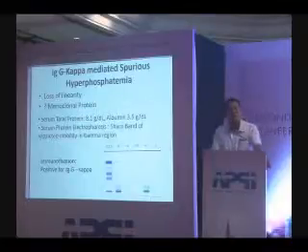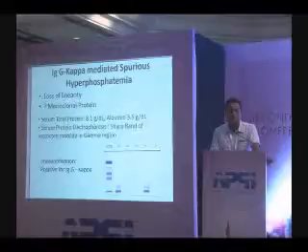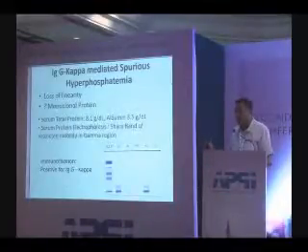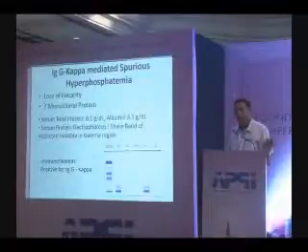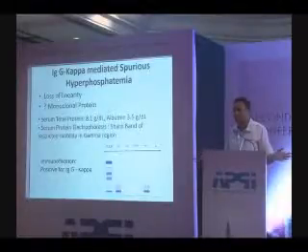Now, coming on to my first case, this was a patient suffering from IgG kappa monoclonal gammopathy. IgG kappa is very well known to interfere with the conventional phosphate assays that we all use.